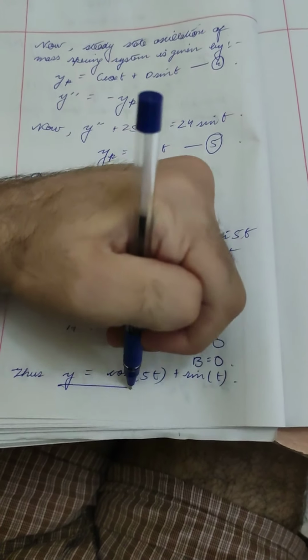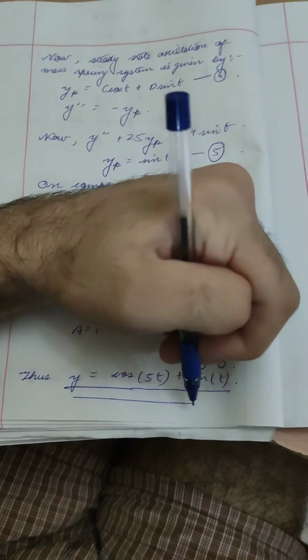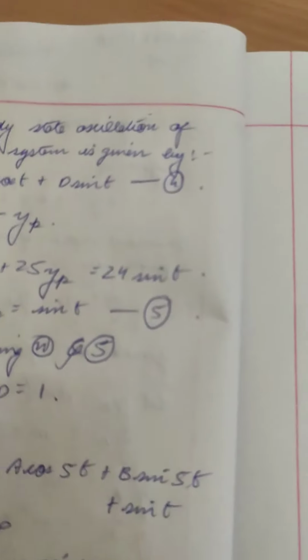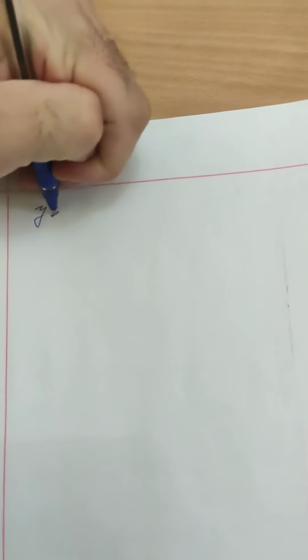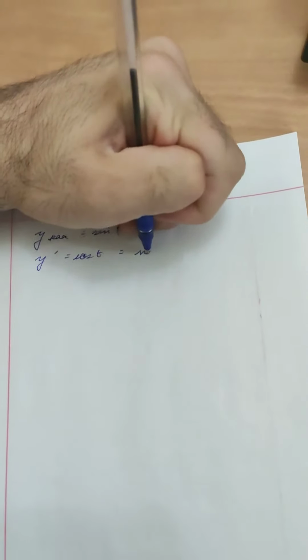Let me just underline this. Now the question also asks us to plot the graph of this equation. So we know that y particular is nothing but sin t, and y dash would become cos t. That is all but the velocity of the spring system.